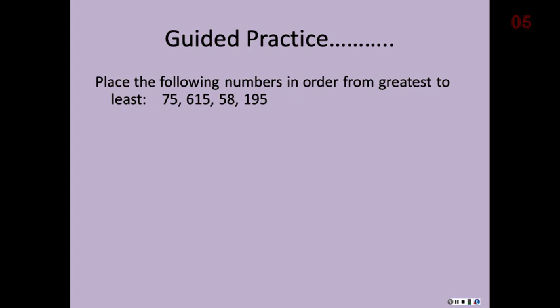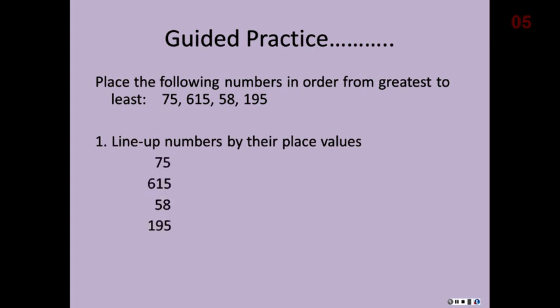So a strategy for ordering is to just actually line them up by the place values, because you guys know what place values are, right? If you line them up by the place values, it's pretty easy to see which is smaller, which is larger. So the thing you need to focus on, and I had to tell a lot of you this yesterday when you were doing your practice tests, is reading the question.